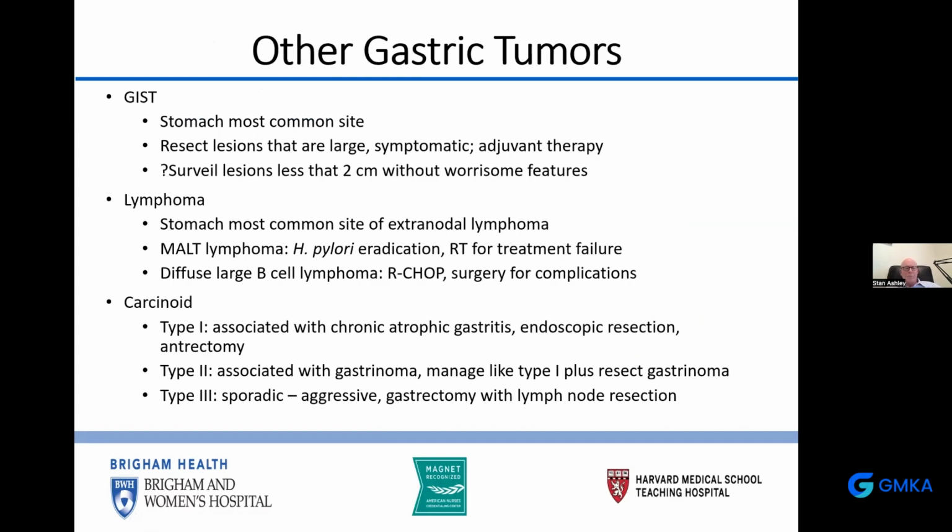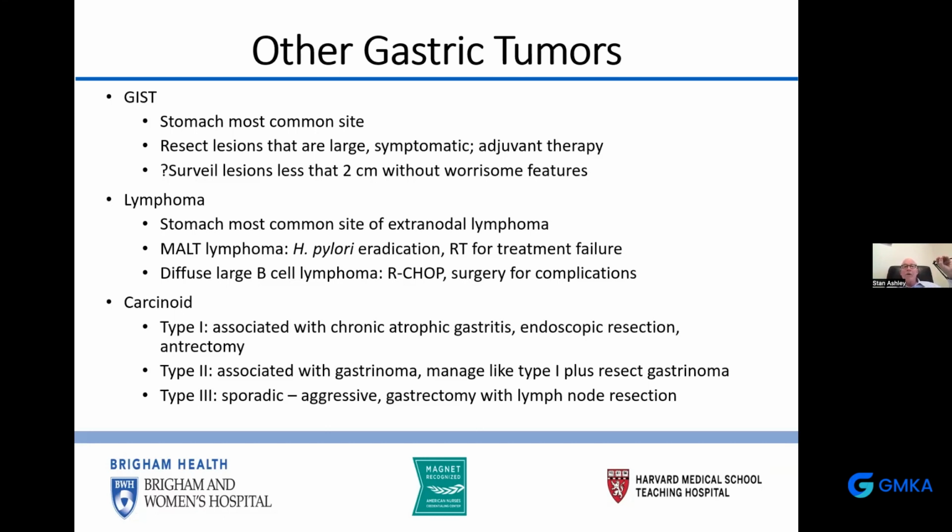So, a relatively brief discussion of other gastric tumors. The stomach is the most common site for GIST. We resect all lesions that are large or symptomatic. If they're metastatic, then we think about adjuvant therapy, i.e. Gleevec, before any attempt at surgery.